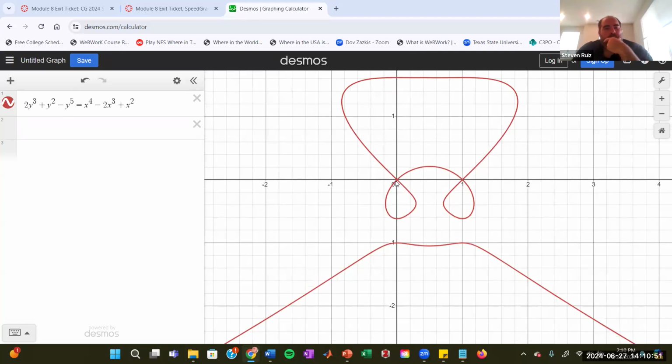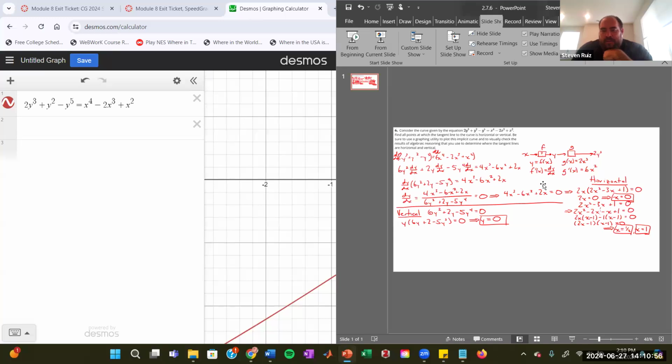And I think the reason for that is this. We go back to our algebraic work. We saw that a horizontal tangent line happens at x equals 0. But if you plug in x equals 0 to all the x's on the right-hand side here, I believe you'll get that this curve crosses the origin.